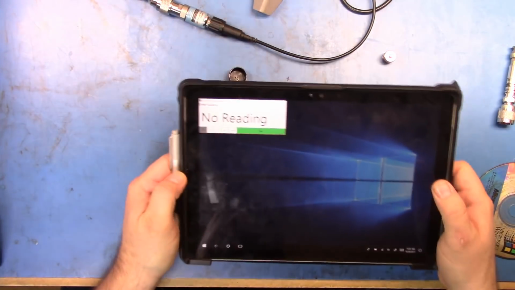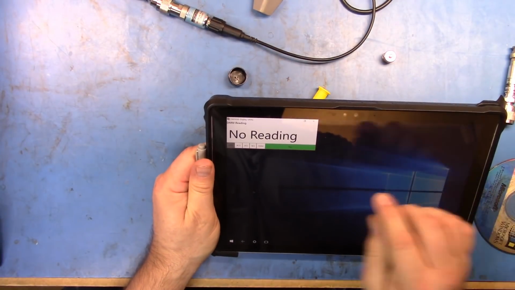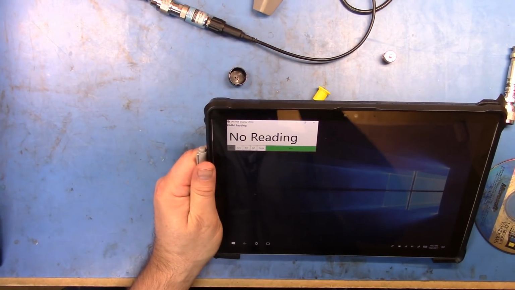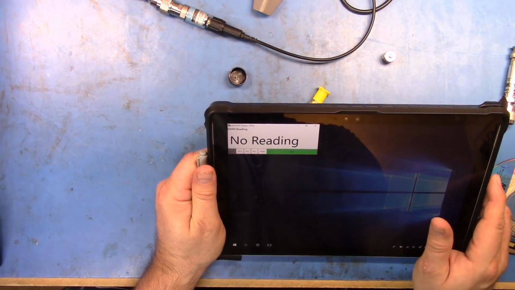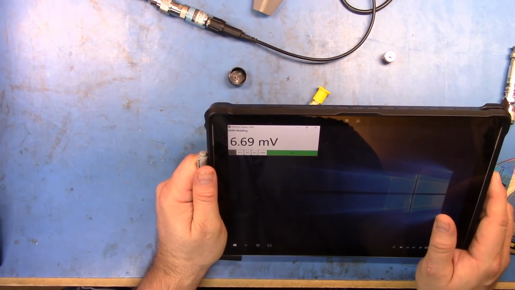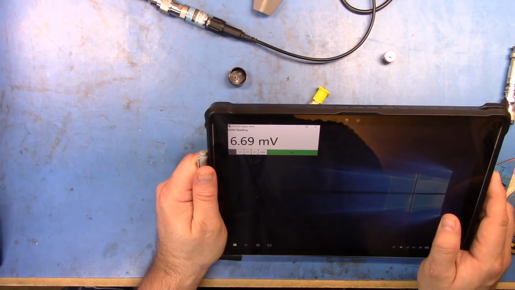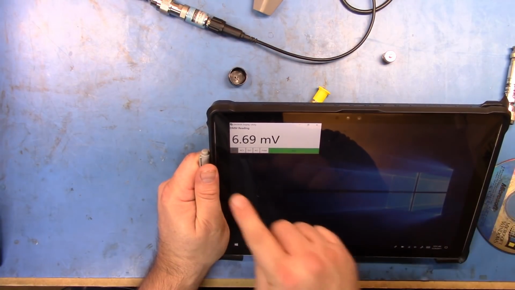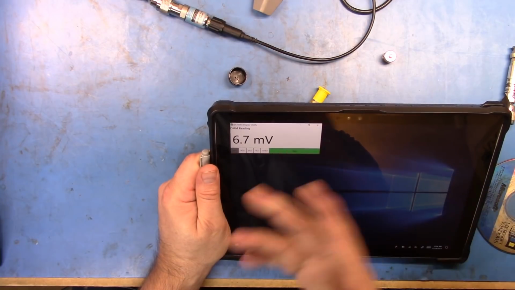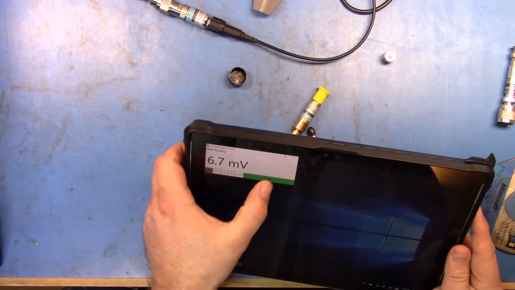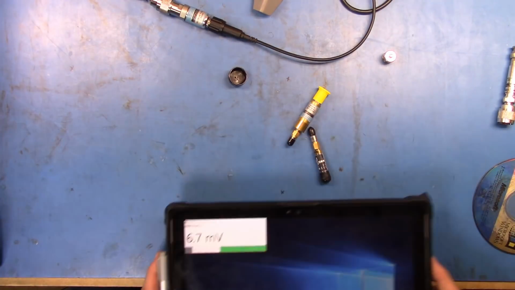I have a little app here that I wrote to pull the data off the Rigol because it's in a sort of inconvenient place. And so here we have 6.69 millivolts, 6.7 millivolts. So let's just say that that's going to be our value.